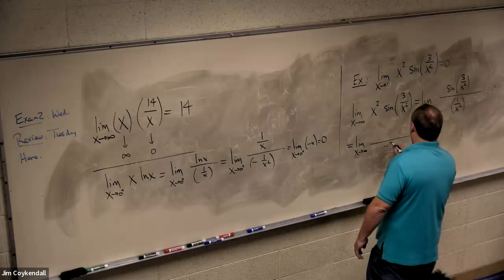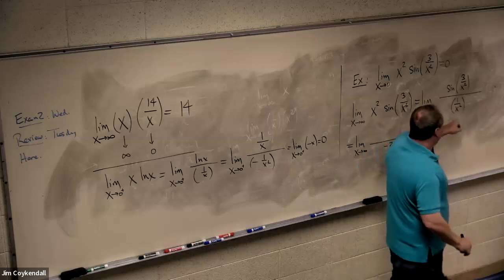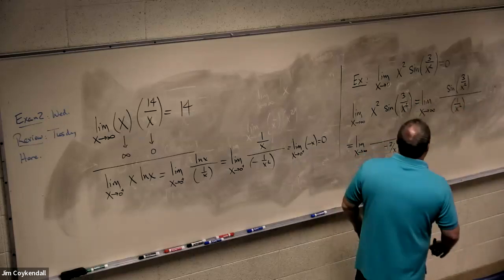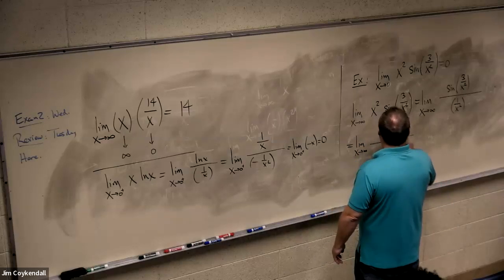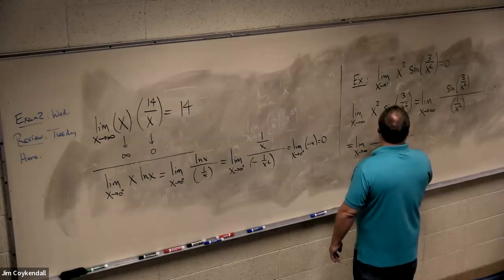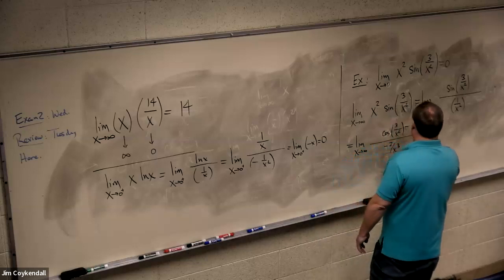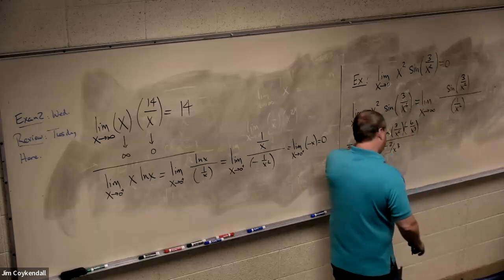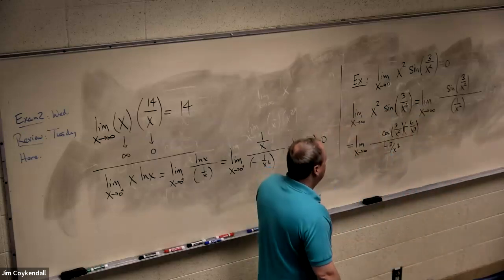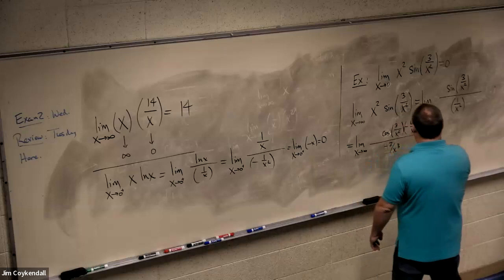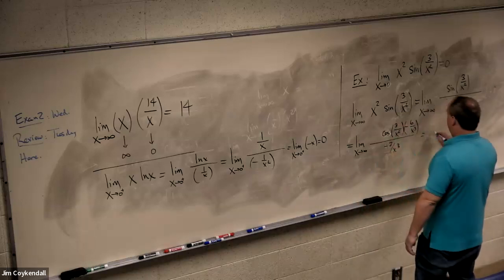So L'Hopital's rule works for me, hopefully. The derivative of the bottom is minus 2 over x cubed. Remember, this is x to the minus 2 power, so minus 2 x to the minus 3. And the top is cosine of 3 over x squared times the derivative of what's inside, which is minus 6 over x cubed. Again, the x cubes will cancel, and the minus 6 over minus 2 will cancel out to 3.